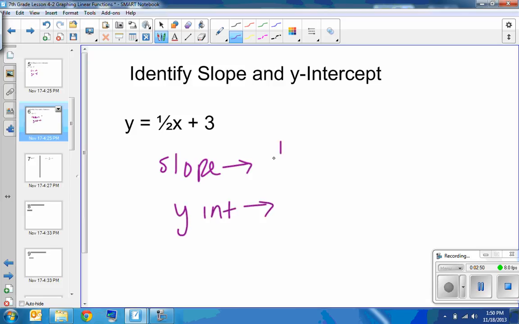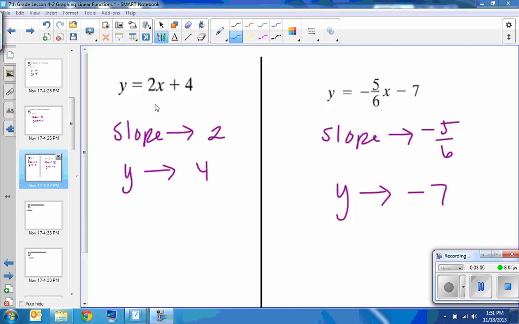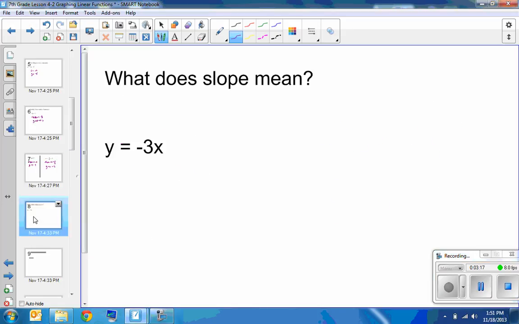Our slope is 1/2, and our y-intercept is 3. Go ahead and try 2 on your own. You should have gotten that our slope is 2 and our y-intercept is 4. Here the slope is -5/6 and our y-intercept is -7.